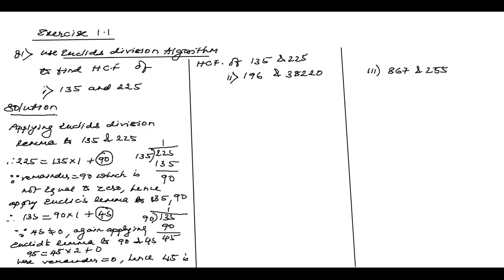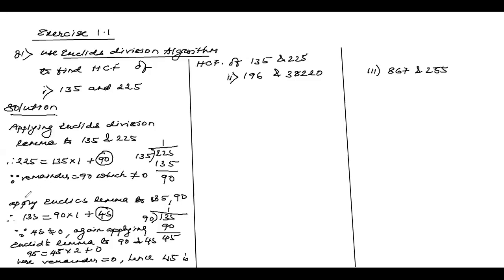You can put it in words, but you don't have to, chalega beta, because the teacher also understands. Remainder equal 90, which is not equal to 0.